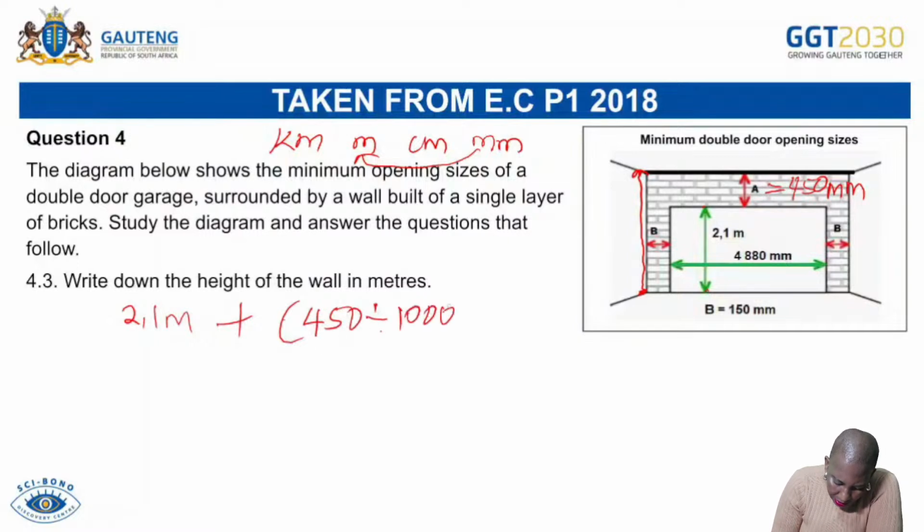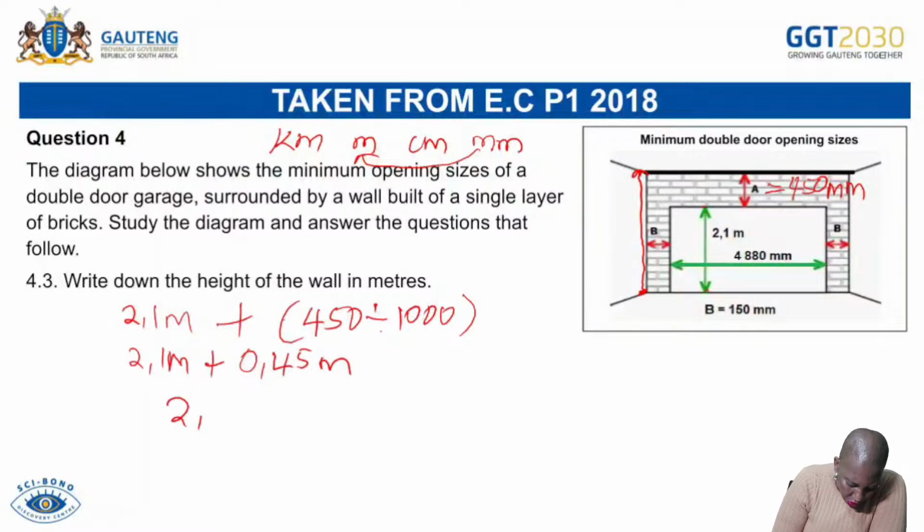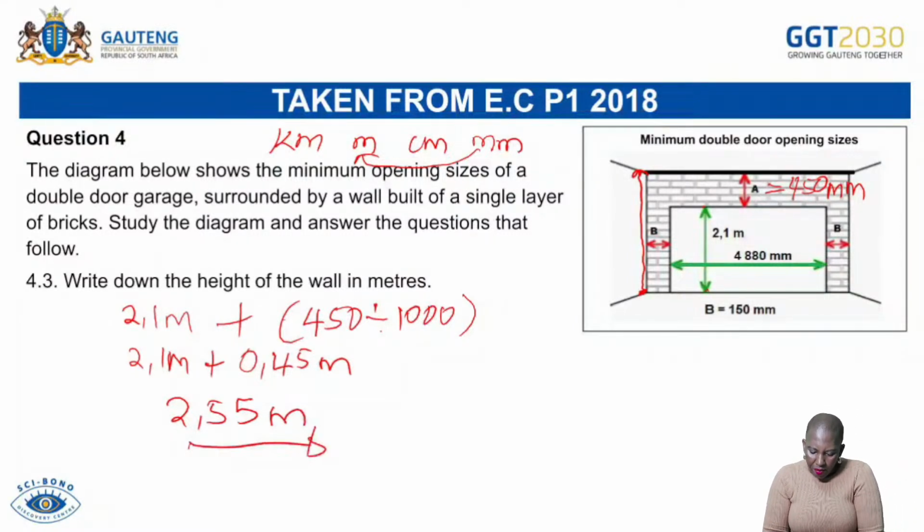By 1000 to get it to meters, so that the units are the same. 2,1 meters plus what? 450 divided by 1000 will give me 0,45 meters. I add the 2,1, which will give me 2,55 meters. Done. That's that, because the information is there.